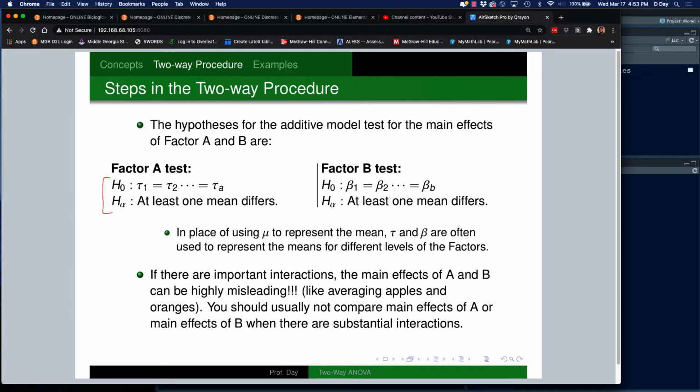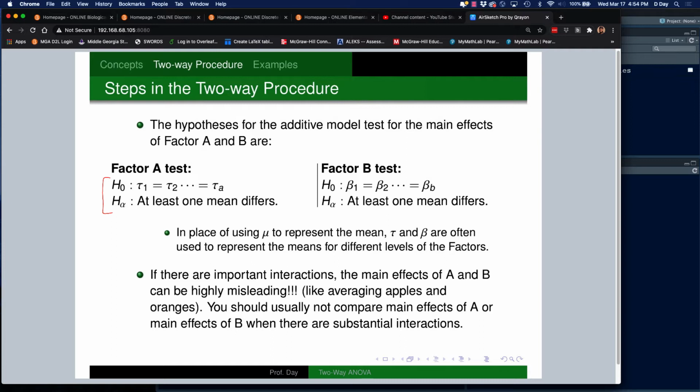For factor A, we're looking across the different levels of factor A. In most textbooks, they use the Greek letter tau instead of mu here. However many levels you have for factor A, you're going to say that they're all equal. And the HA is at least one mean differs for factor A.